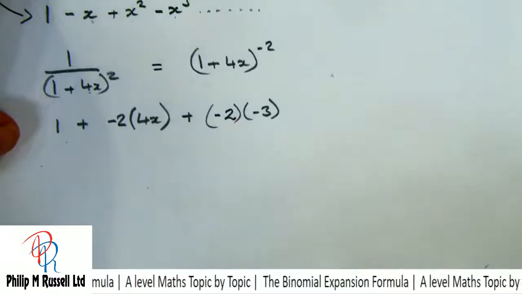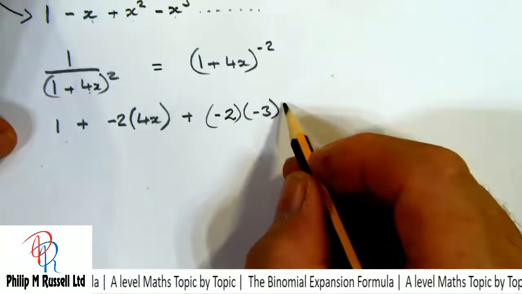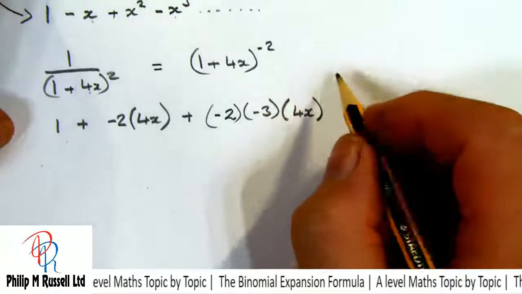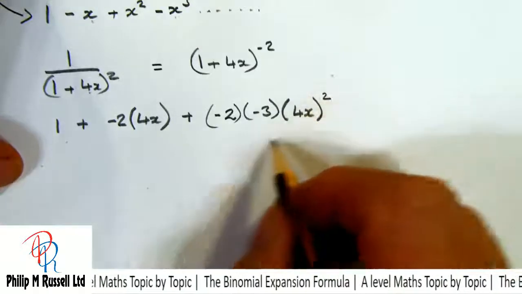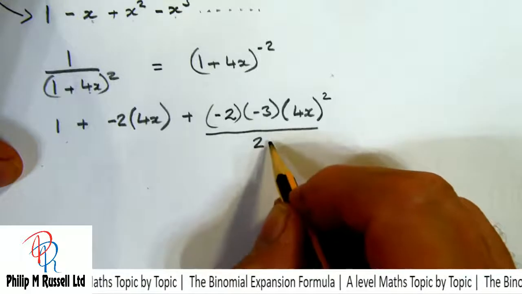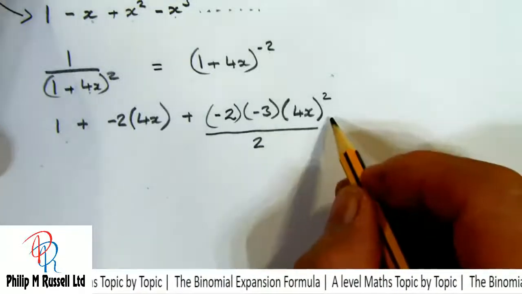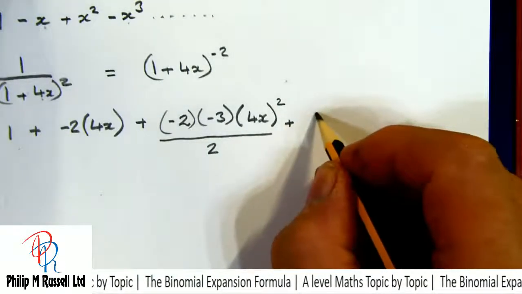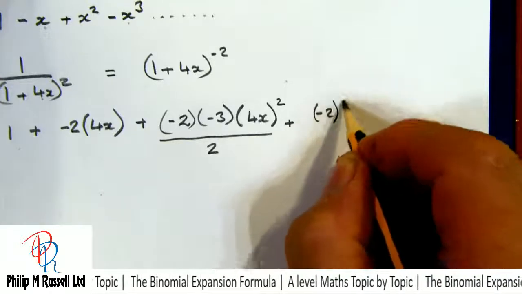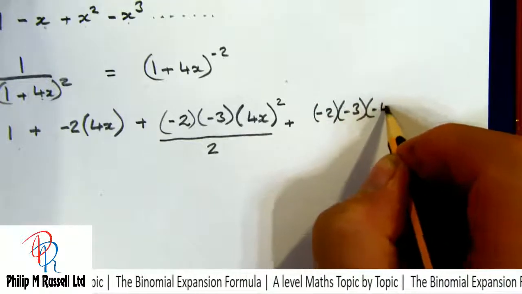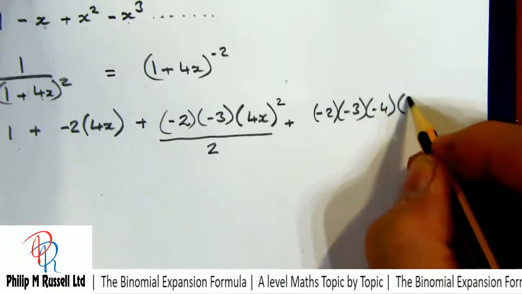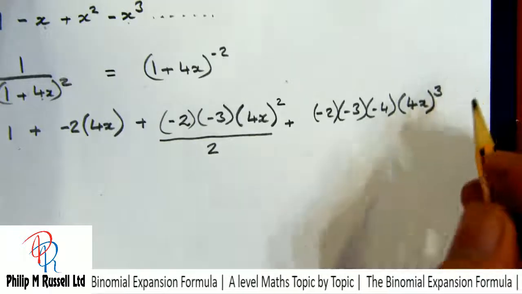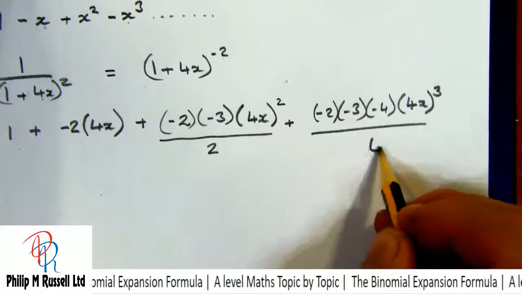I'm going to ignore that sort of 1 because it's not going to do much when we multiply, and that's going to give me 4x here squared, and that's all going to be divided by 2 factorial, which is 2, plus let's do one more term, and this is going to be minus 2 times minus 3 times minus 4 times 4x all cubed divided by 3 factorial, which is 6.